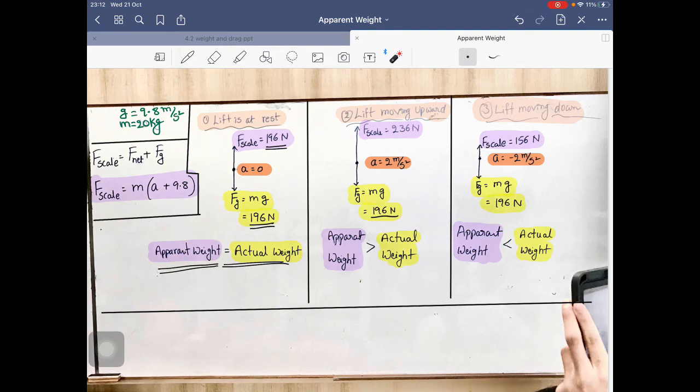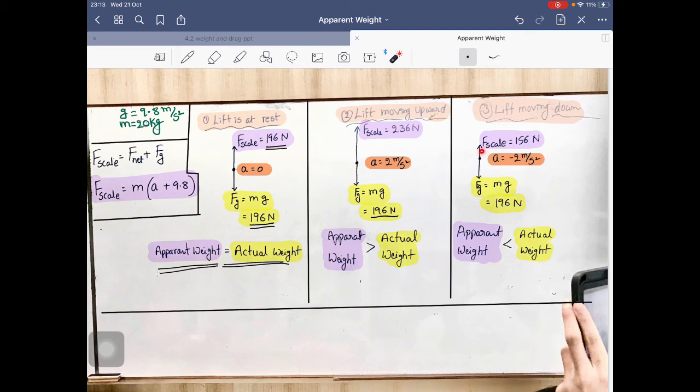Then let us consider the third case. The lift is moving down, so the acceleration, let us say, is minus 2 meters per second squared. The weight of the person is the same. The gravitational force on the mass m is the same, 196 Newtons.